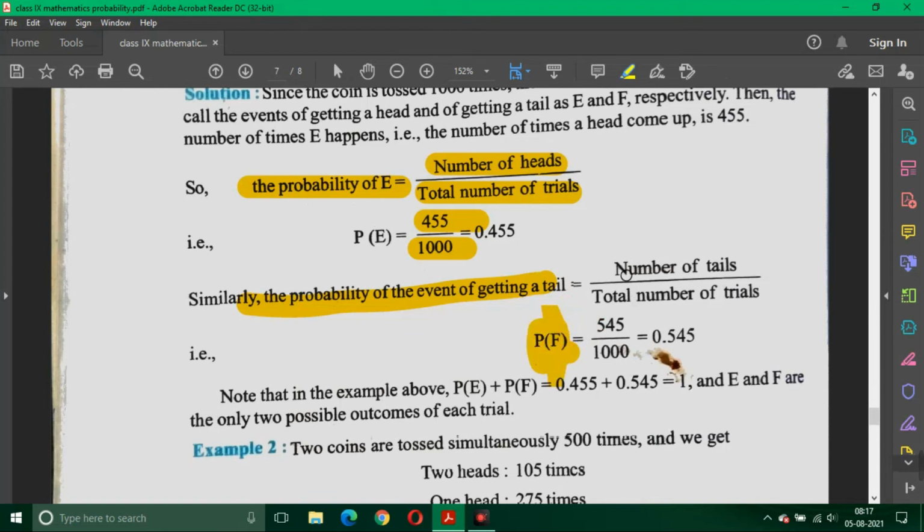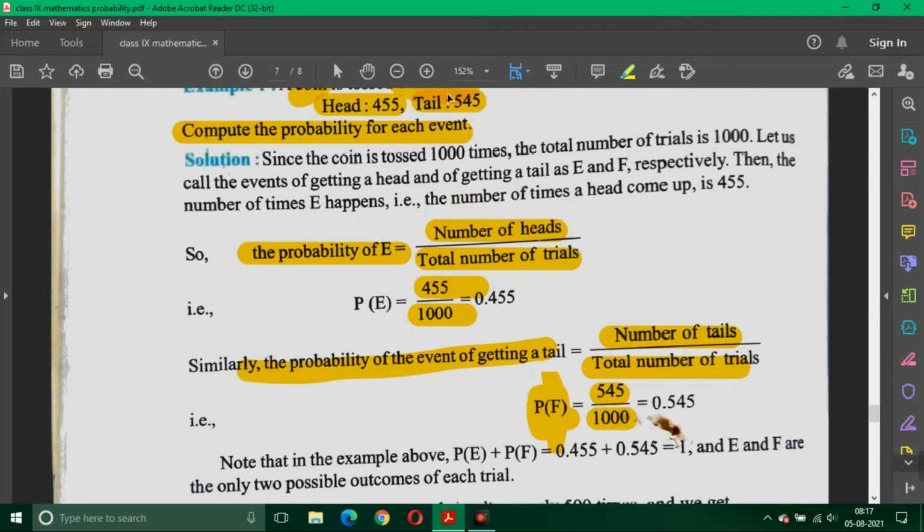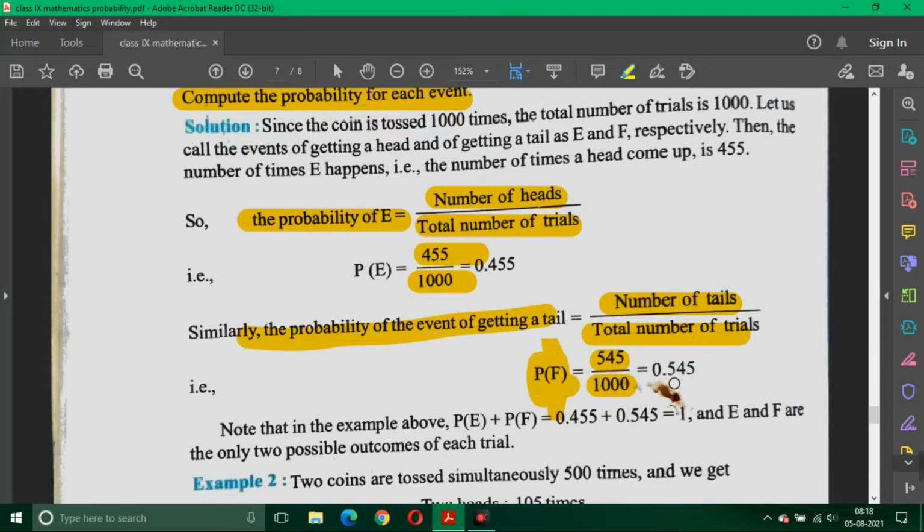Okay, so the same thing: number of tails divided by total number of trials. The same thing, the values from here. For tail it is 545 divided by 1000.